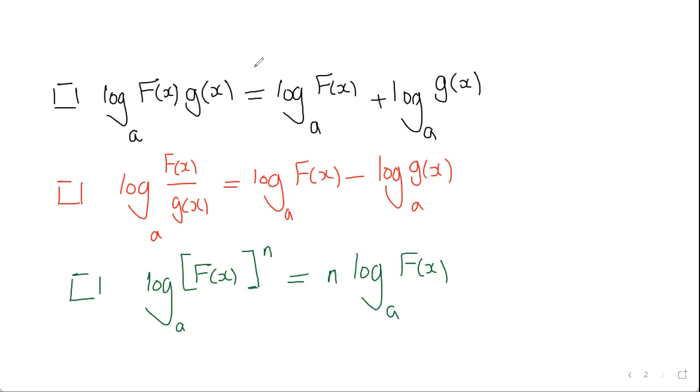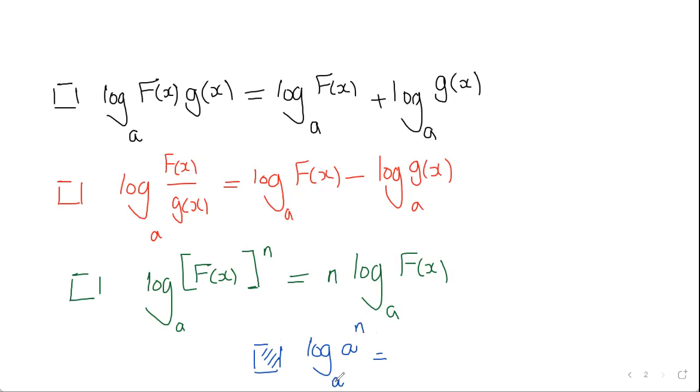Now, the fourth identity, which I'm going to introduce right now, is somehow from the same thing that we had. This one is a little bit new, it's a derivation of the third one. We said that the log of, for example, we have a with the base a, however, it is raised to the power n.